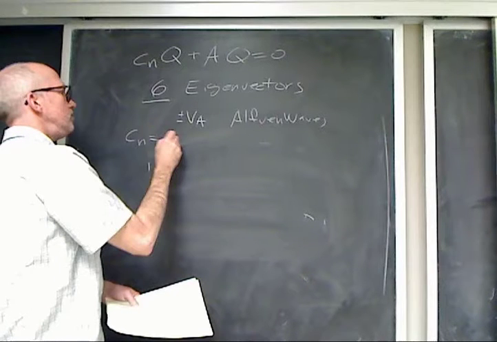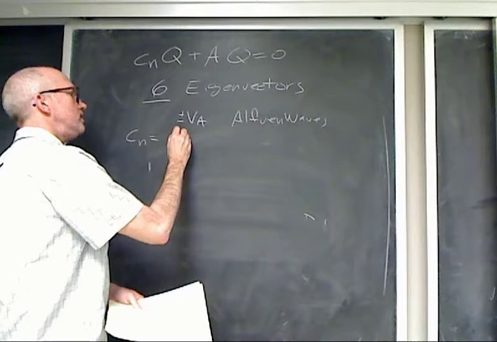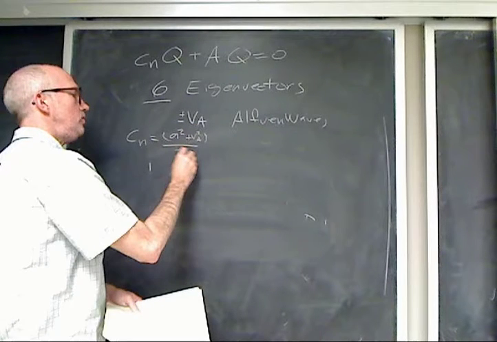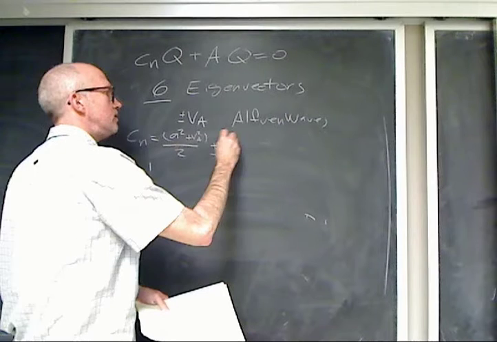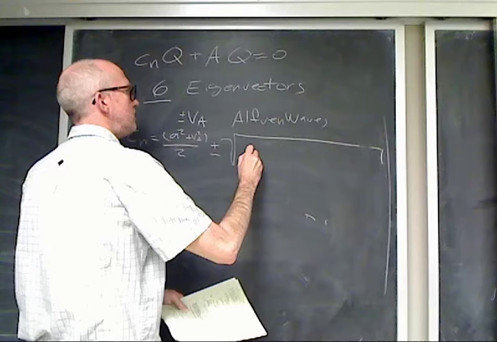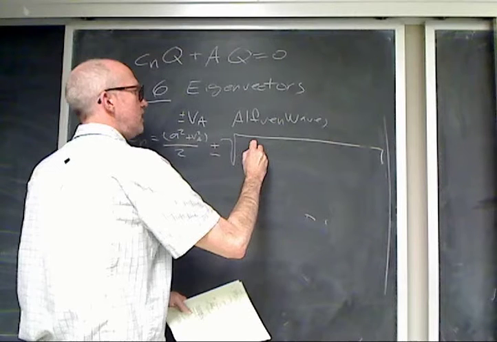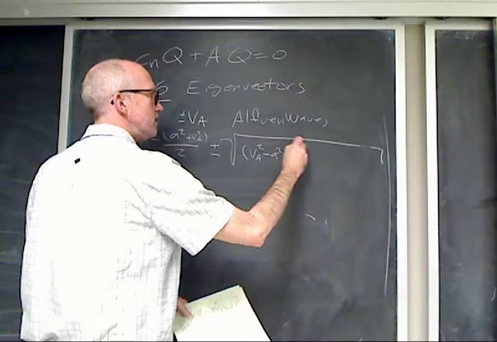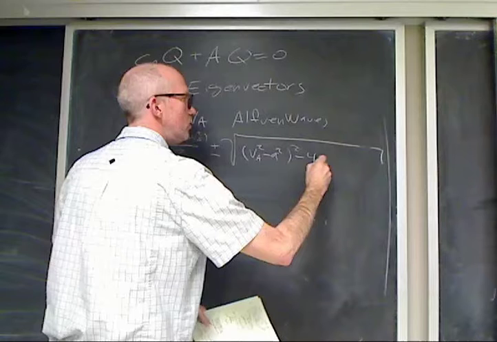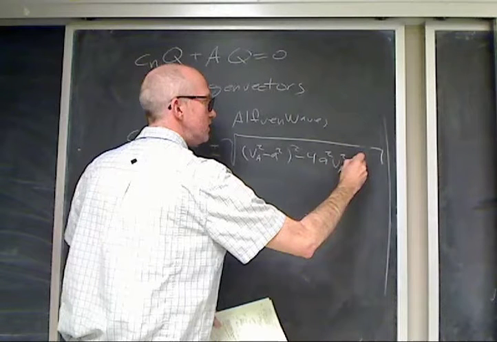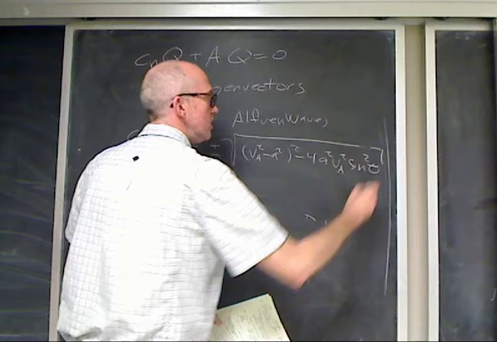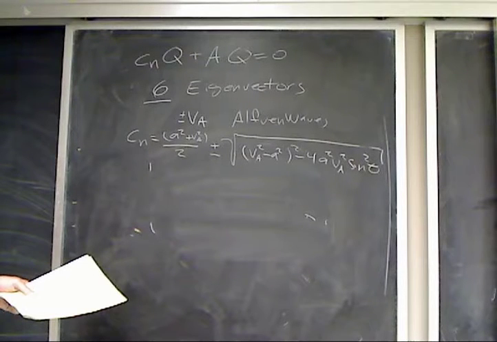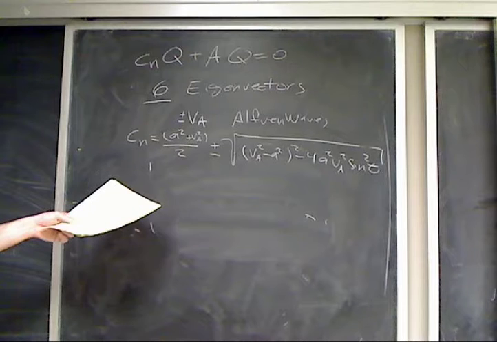And then I've got Cn equals, okay, this is horrible, A squared plus VA squared over 2 plus or minus the square root of VA squared minus A squared, all that stuff squared, minus 4 times A squared VA squared sine squared of the angle between K and B. This is a much grosser expression.